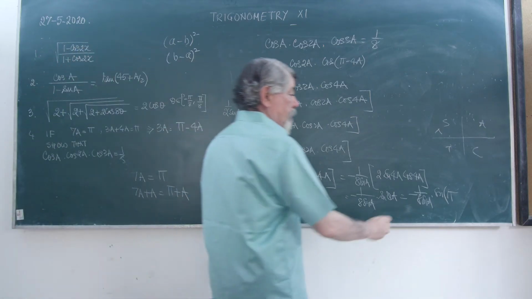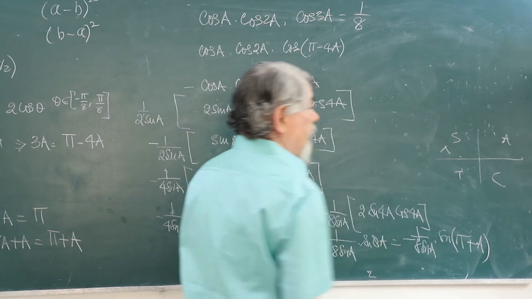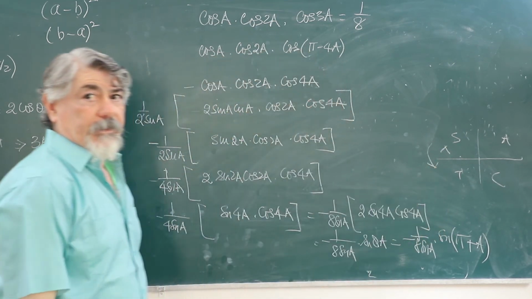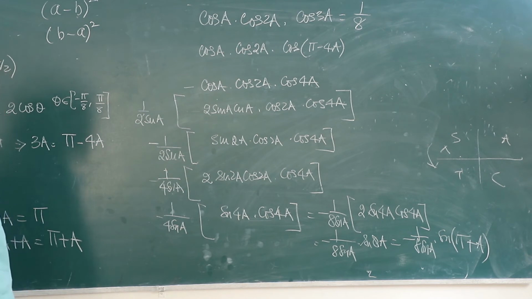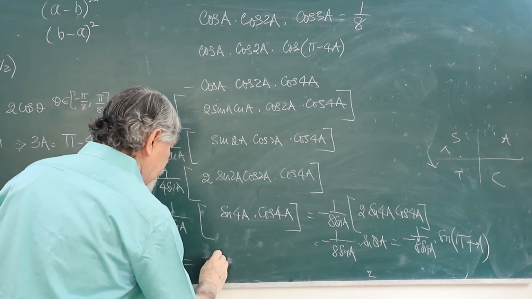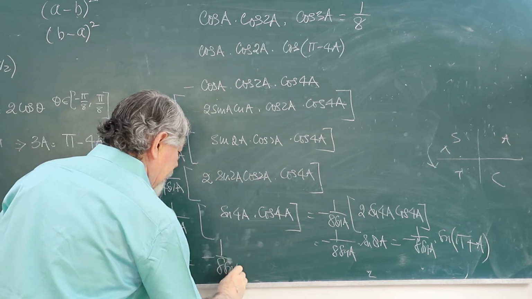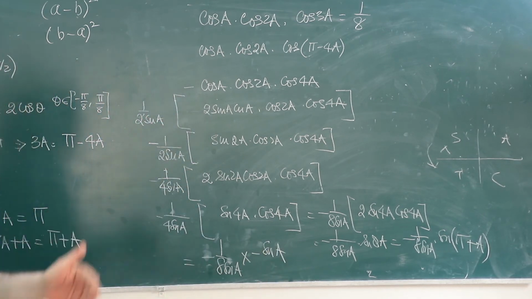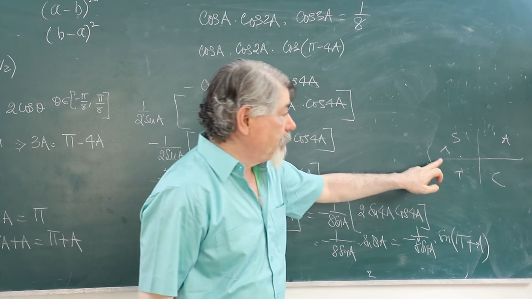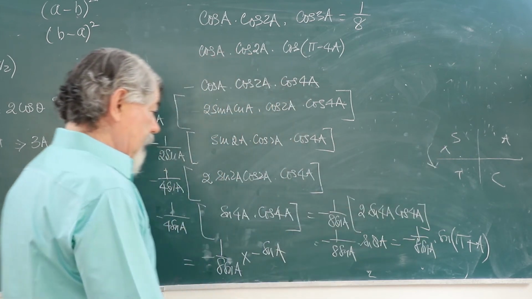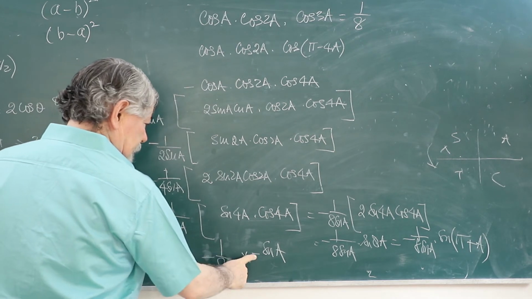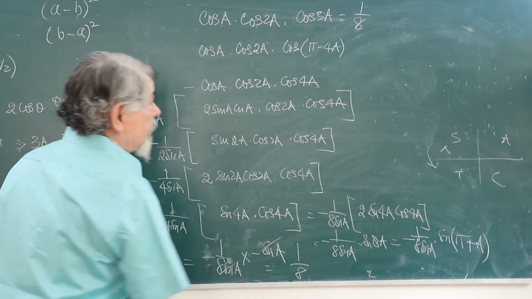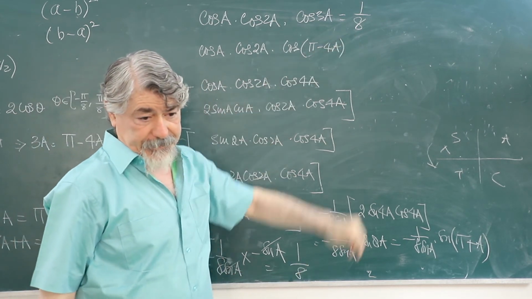Pi plus A. Sin pi plus A will come into the third quadrant, where it is negative. So it will become minus 1 upon 8 sin A into minus sin A. Sin pi plus theta will be minus sin theta. So minus minus will become plus, sin A will cancel, and you will get the answer to be 1 upon 8. That is the answer you have to get.